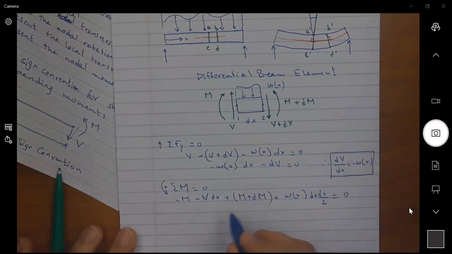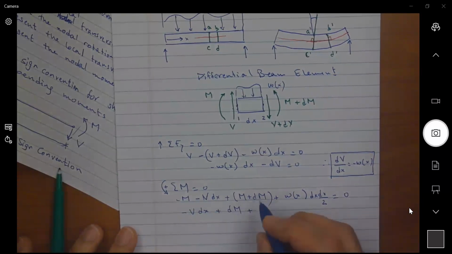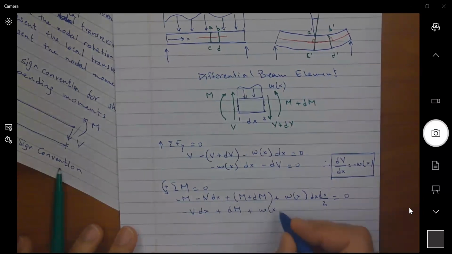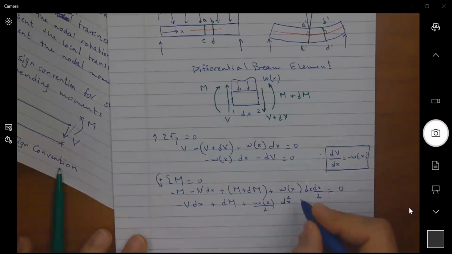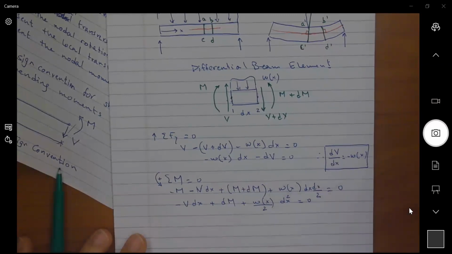So again, when we simplify here, minus M and M are going to be gone. I'm left with minus V dx plus dM plus W of x over 2 dx squared is equal to 0.